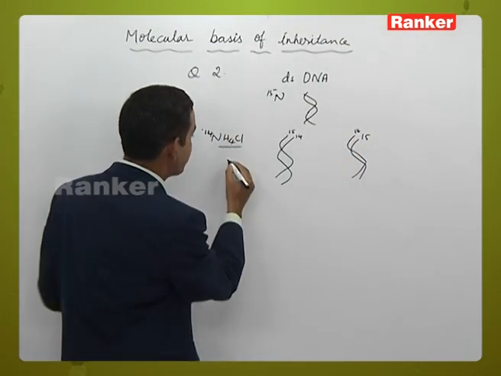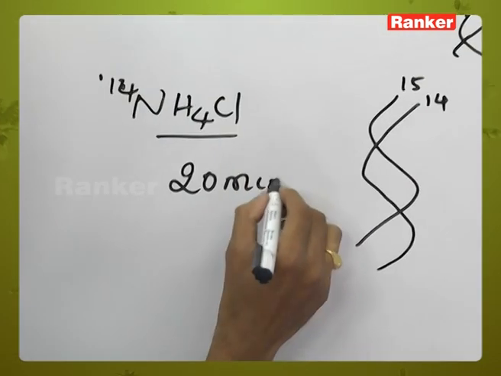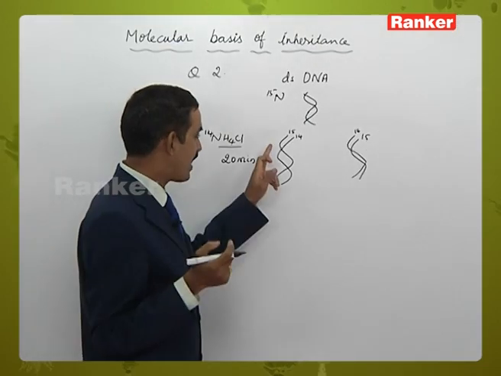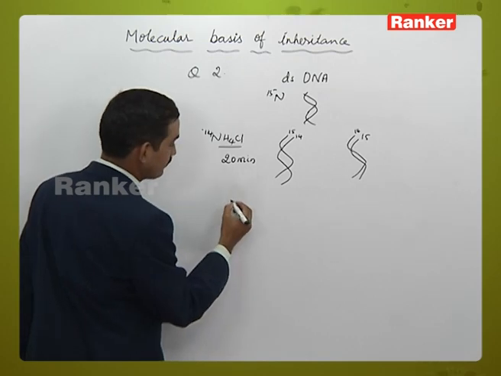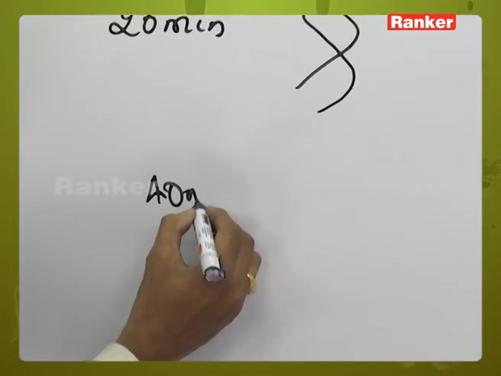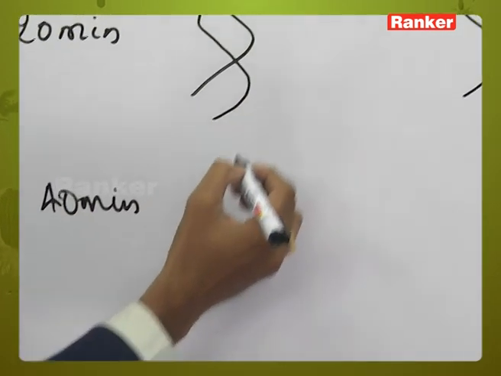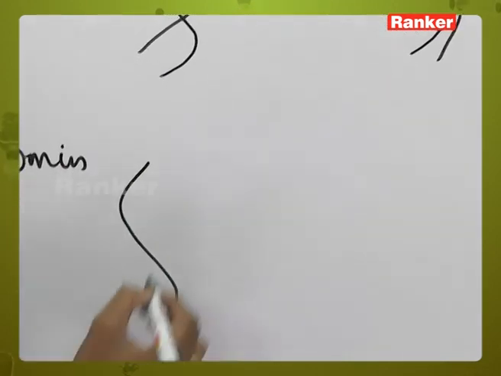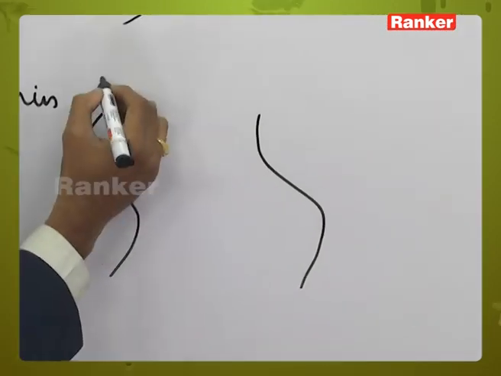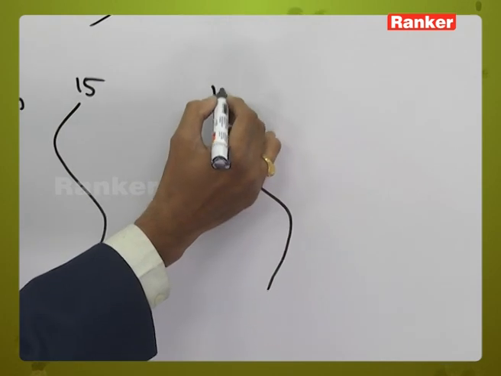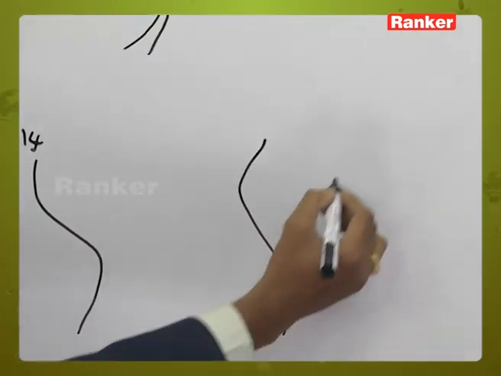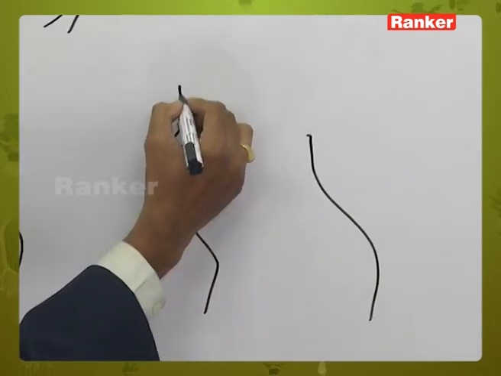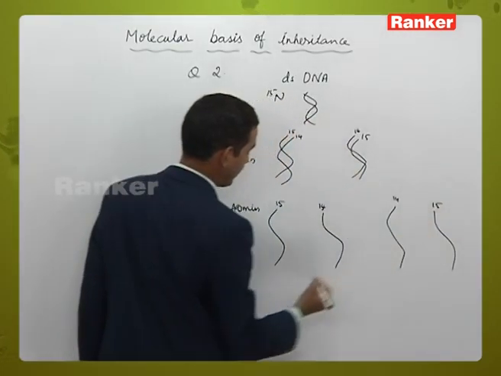That means after 20 minutes, two DNAs are formed, each with one 14 strand and one 15 strand. Then after 40 minutes, the two strands separate out, one 15 strand and one 14 strand, and these also separate, again one 14 strand and one 15 strand.